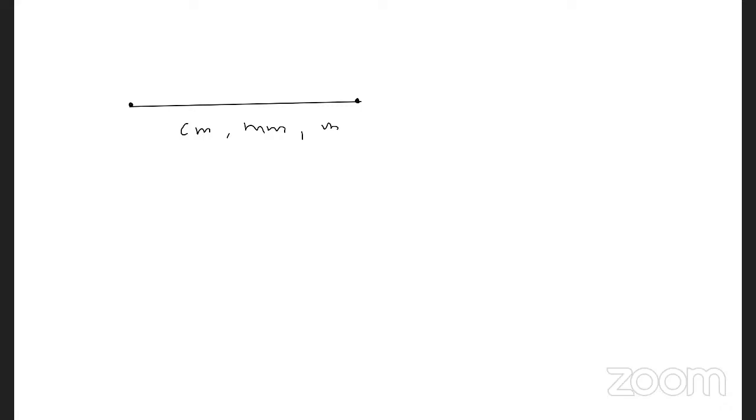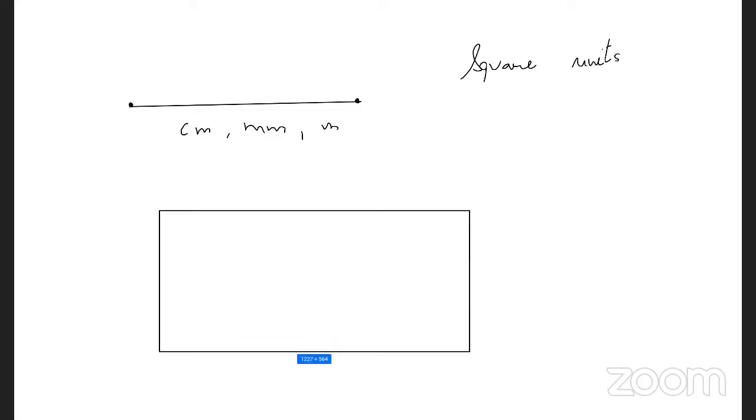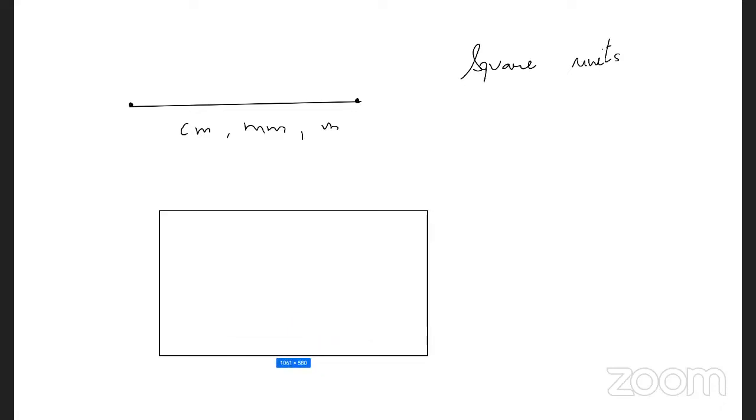Now, similarly, when we are measuring the area of a plane region, it's measured in square units. Now, how is it measured in square units? Suppose again I have a figure.